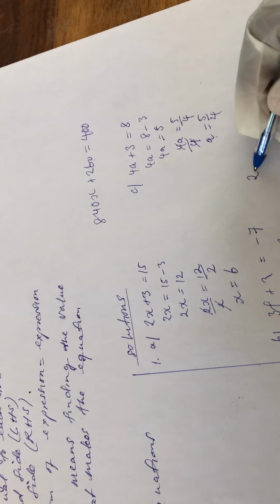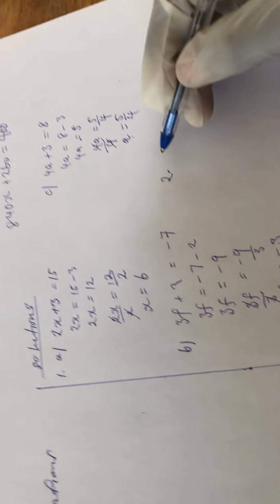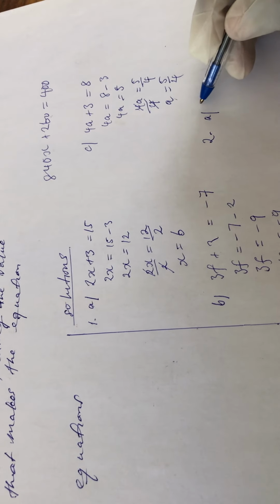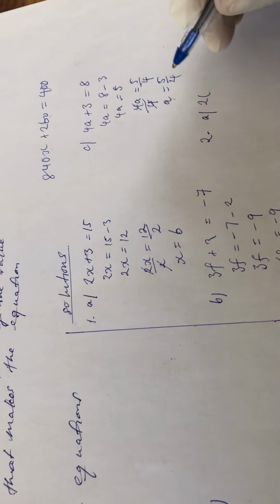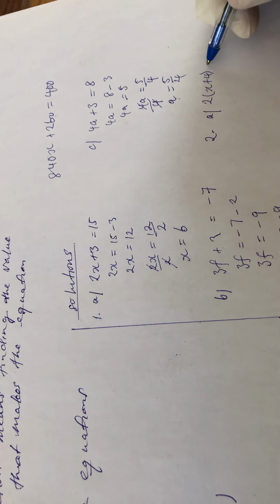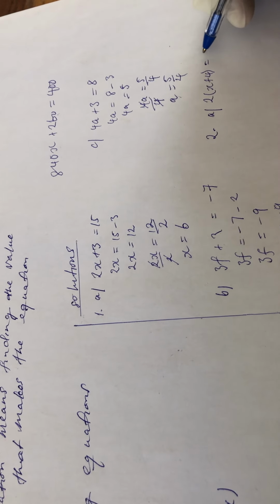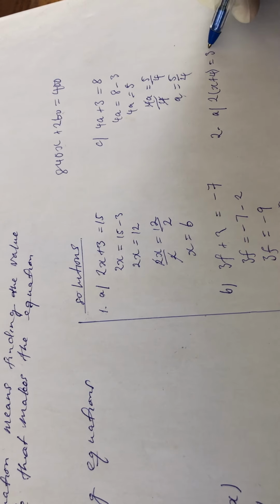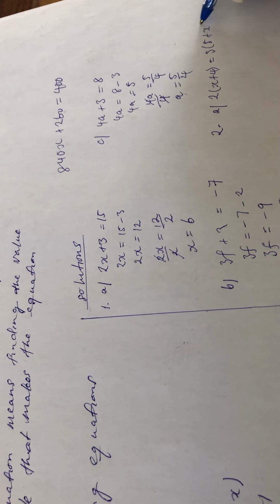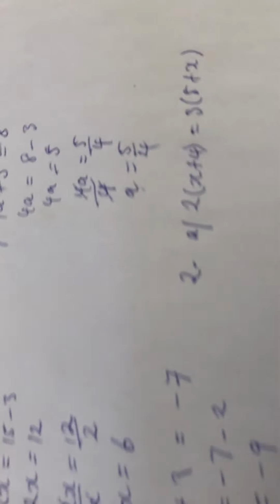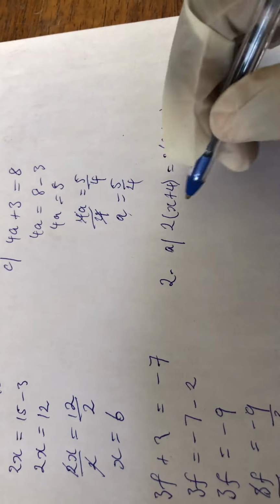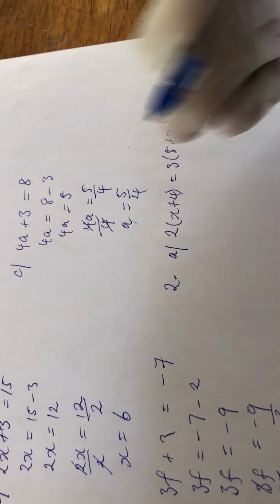Now in number 2a, this is also a very simple problem. It's just that we have an expression on the left and another expression on the right. So we simplify the way you simplify expressions.